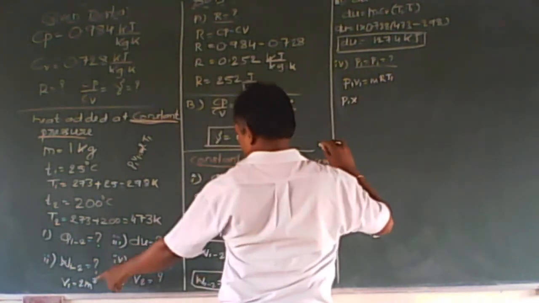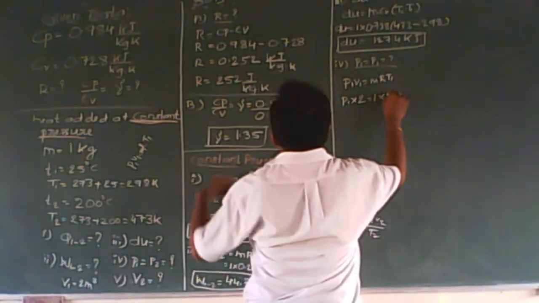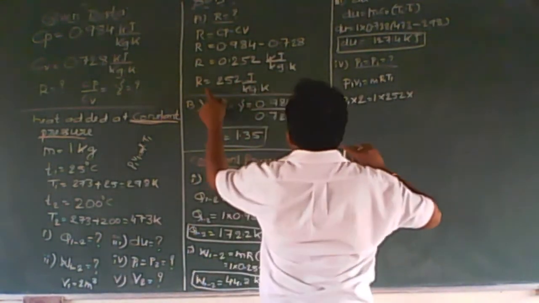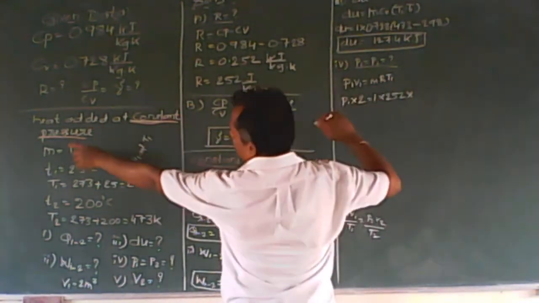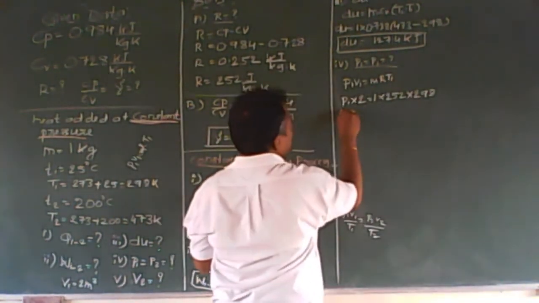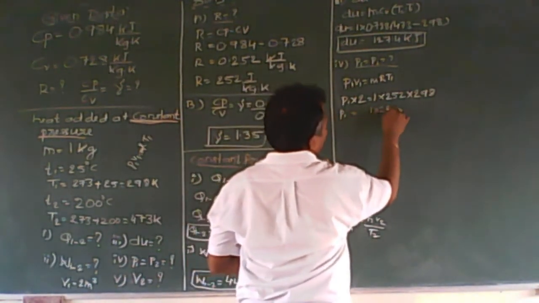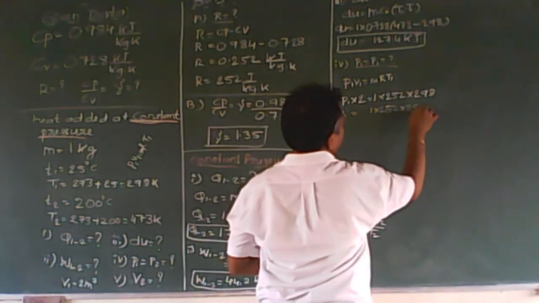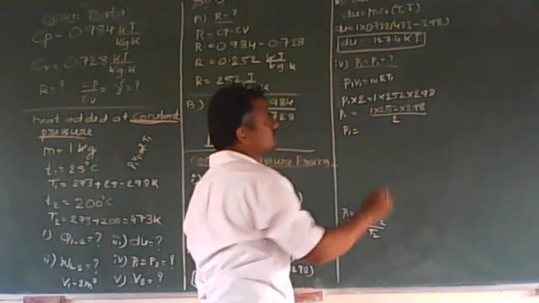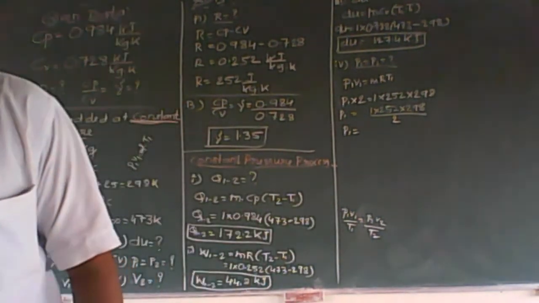P1 into 2 is equals to M is 1 and R value you can take as 252, into T1, which is 298. So P1 is equals to 1 into 252 into 298 upon 2. In this way you can get the value of P1.